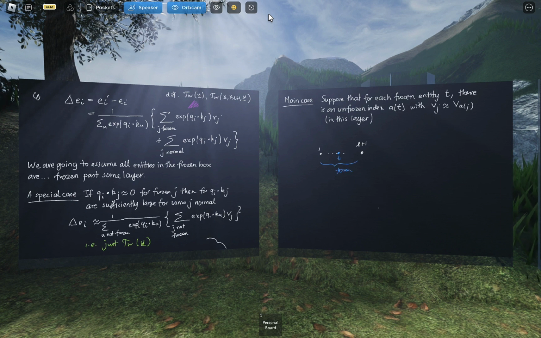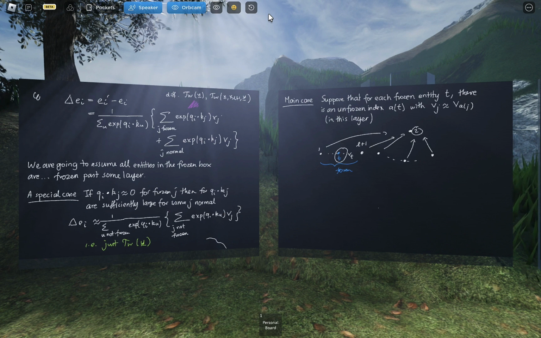All the entities are going to attempt to pass information to ei, right? So we're all trying to pass information to this guy. That's what the update is about. Now I'm supposing that for each frozen entity, it's got some value vector vt.